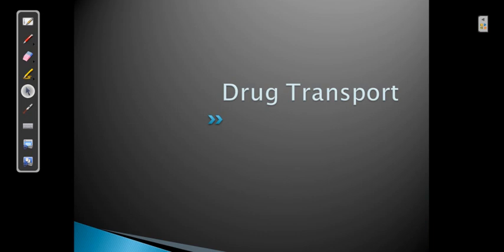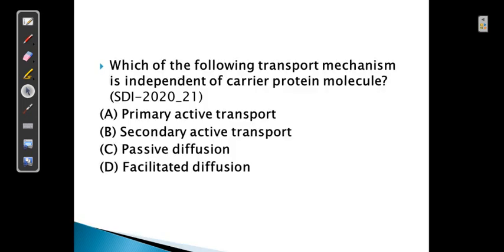Now we will have an idea about drug transport, the various mechanisms for drug transport, and we will have an idea about the sample questions. So here I have taken one sample question of the Senior Drug Inspector exam 2020-21.